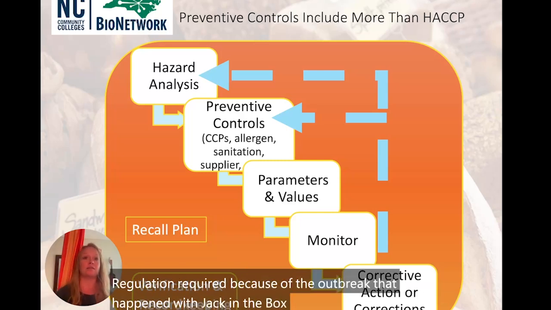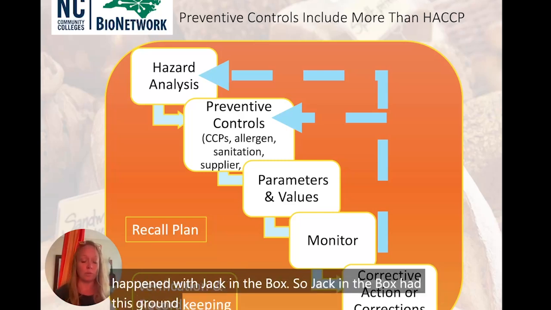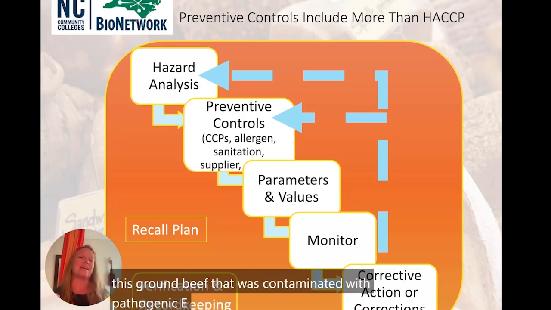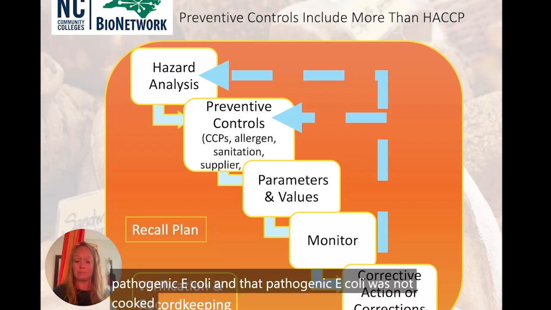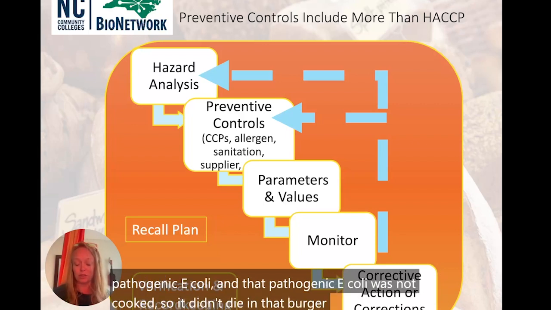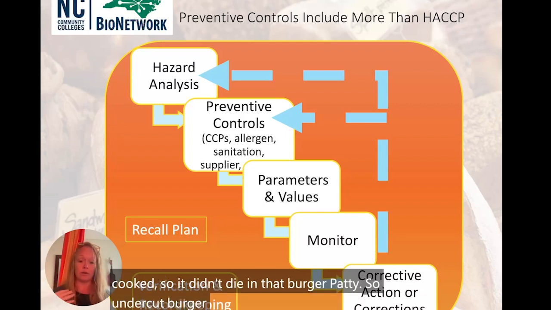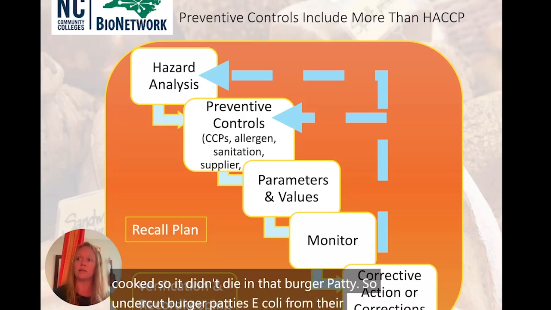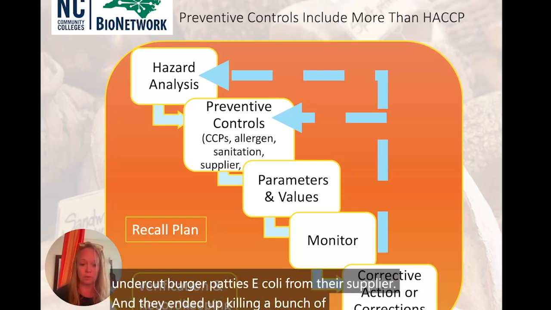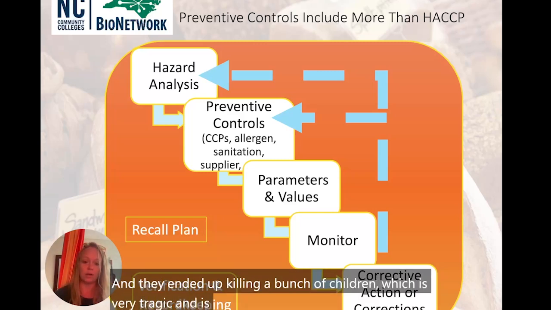So Jack in the Box had this ground beef that was contaminated with pathogenic E. coli, and that pathogenic E. coli was not cooked. So it didn't die in that burger patty. So undercooked burger patties, E. coli from their supplier. And they ended up killing a bunch of children, which is very tragic and is often a way that we end up getting regulations.